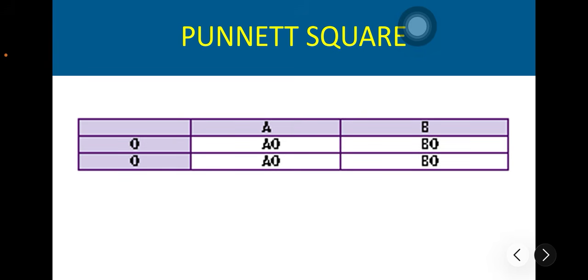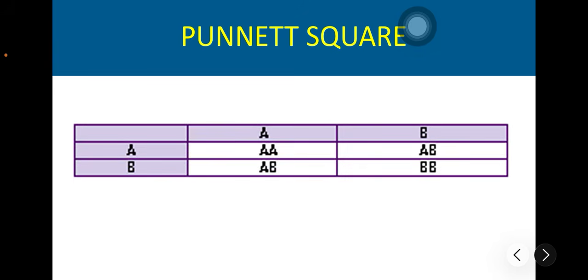Therefore, the genotypes present for their offspring are AO and BO. So the percentage of their offspring having AO is 50%, then BO is also 50%. The phenotype or the blood type that could be expressed by their offspring, we have 50% blood type A and 50% blood type B.